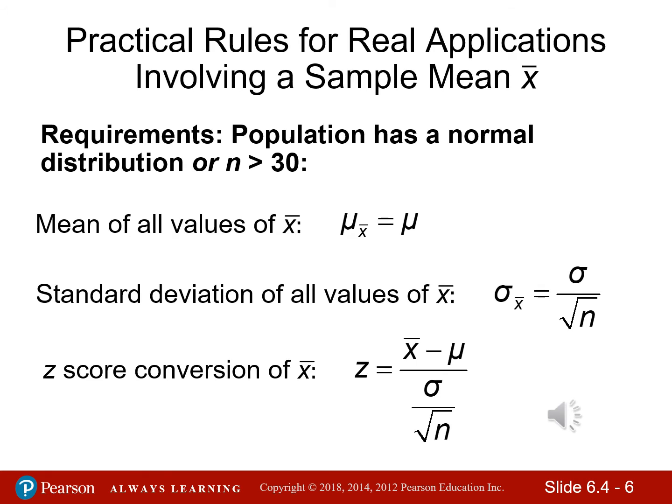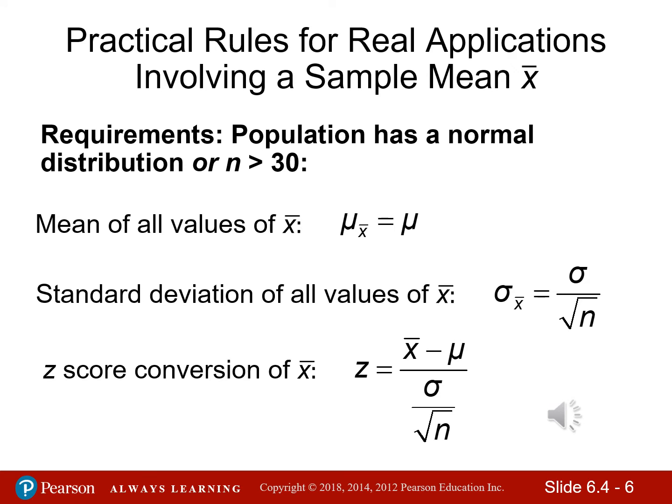The practical rules for real applications involving the sample mean x bar include the following. There is a requirement that the population has a normal distribution or the sample size is greater than 30. The mean of all the values of x bar, mu of x bar, is equal to the population mean mu.